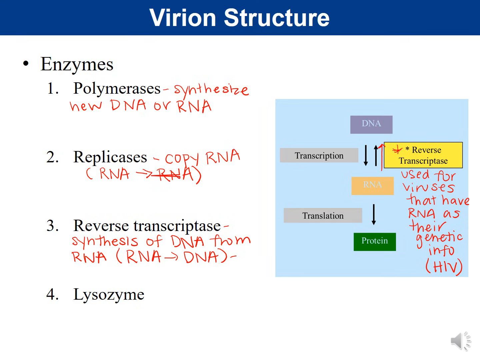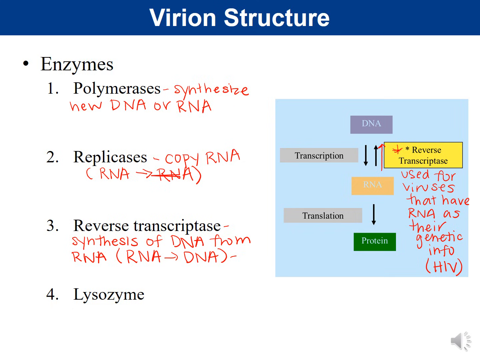And so some of the drugs that are used to target HIV are used to inhibit reverse transcriptase. Because if we block reverse transcription, then the virus can't take their RNA, their genetic code, synthesize back to DNA to turn the host cell into a virus-producing factory.